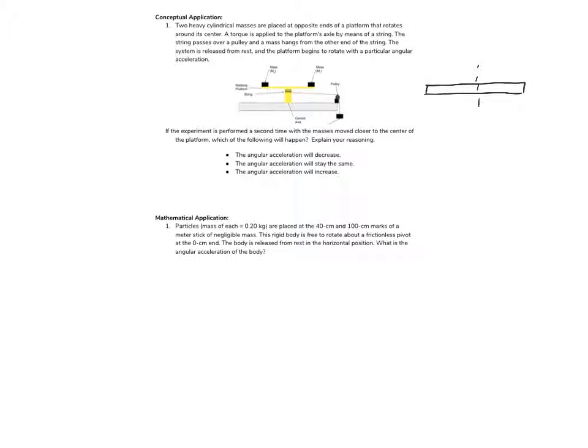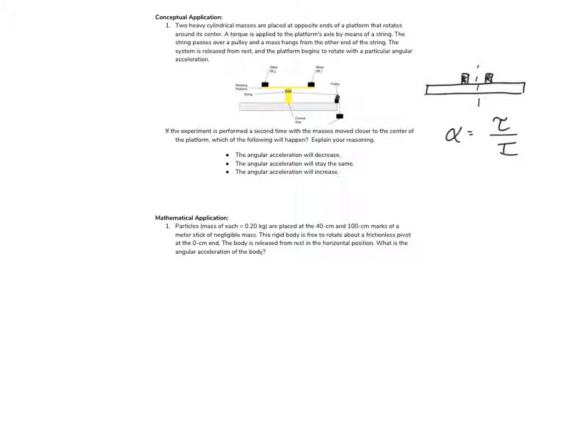there's the axis of rotation. We're moving those masses in towards the center, okay? So I want us to keep this in mind, because ultimately we're trying to determine what's going to happen to the angular acceleration. If these masses get moved closer to the center, again thinking about the figure skater, that means my rotational inertia is going to decrease.